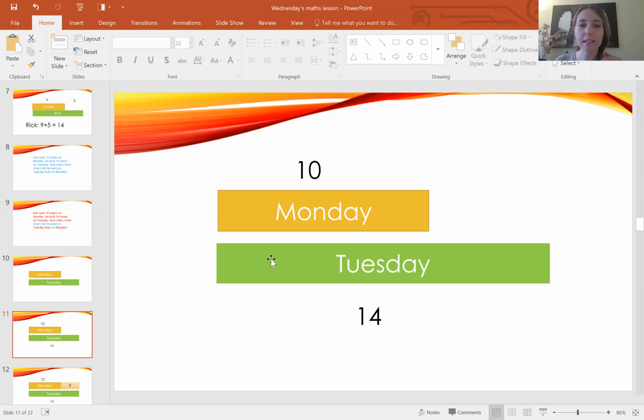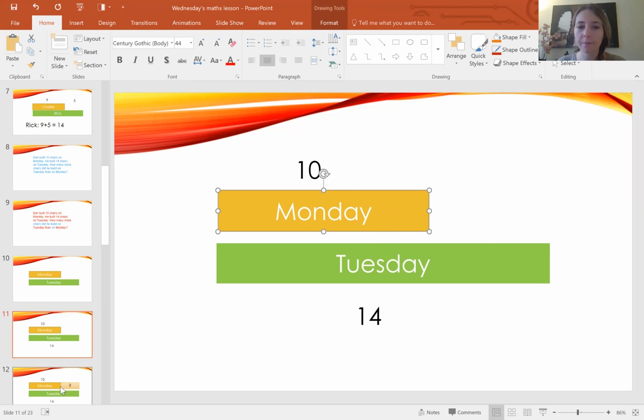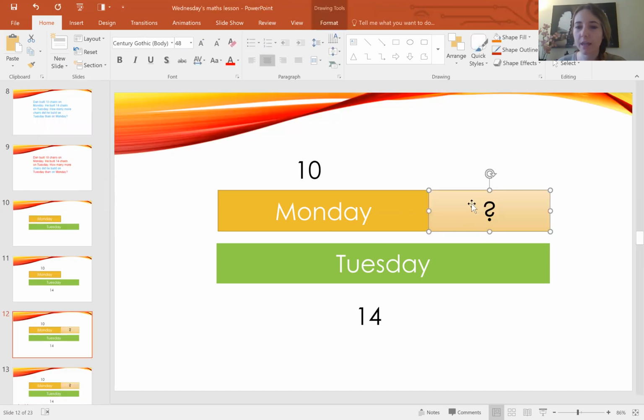Now, I need to find out how many more he built on Tuesday than on Monday. So what I really need to find out is how much is this missing part of the bar here? What is this bit, this question mark here? It's the difference between the 10 that he built on Monday and the 14 that he built on Tuesday.